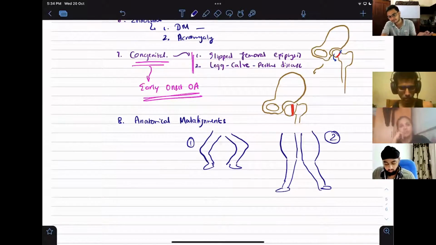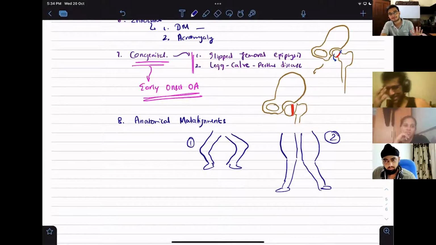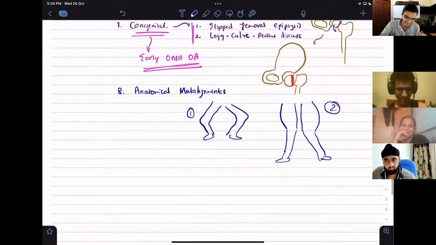What is one? What is the deformity? Bow legs. Yeah. Okay. Wait. I'm not sure. I think I heard someone say the correct answer. Guys, okay, look at this. Correct. Bow legs, right?